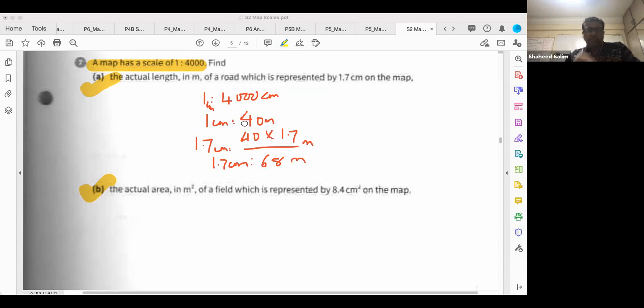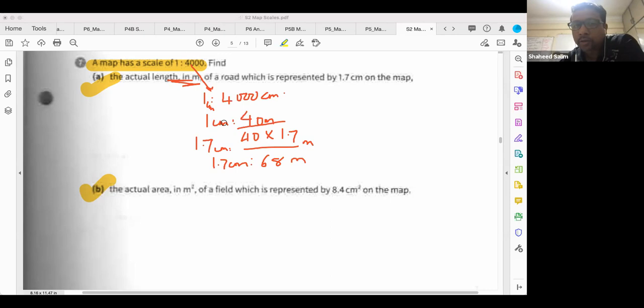Okay, so now this one you understand, right? This one is, if I put 1 cm, it's 4,000 cm. Why am I changing to meters? Because the question is asking you how many meters. So I want to use the modern method. Modern method means they can see 1 cm is how many meters straight. So how do I get meters? I need to change the cm to meters, divide by 100.